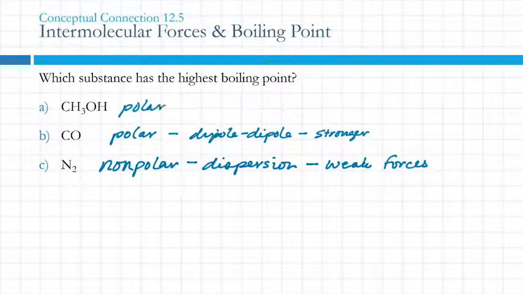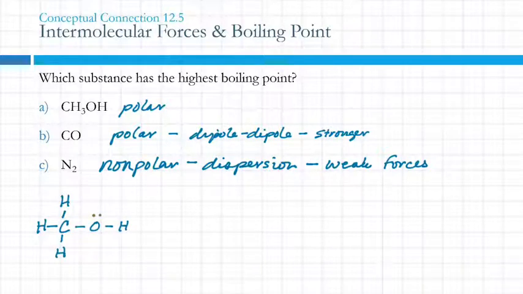And we can look at the Lewis structure and kind of confirm that. Carbon-hydrogen bonds are nonpolar, so this is all nonpolar here. Here we've got an oxygen with lone pairs on it, and so this is definitely going to be a polar molecule. So a polar molecule is going to have dipole-dipole forces.